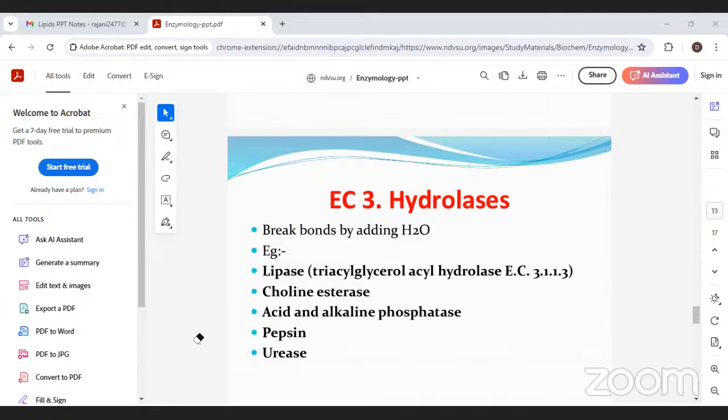This is the most important part of enzymes.